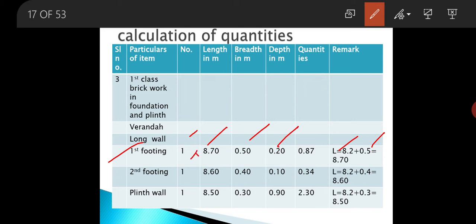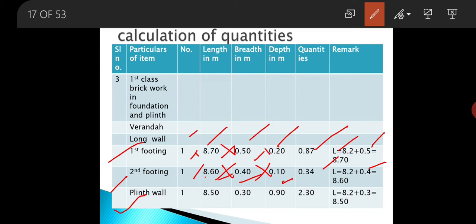Then after multiplying all the 4 columns, you will get the total quantity as 0.87 cubic meter. Similarly for the second footing, with the center to center length of 8.2, you will add the width of the second footing, that is 0.4. So 8.6, breadth is 0.4, thickness is 0.1. Then by multiplying all the 4 columns, you will get the total quantity as 0.34 cubic meter.